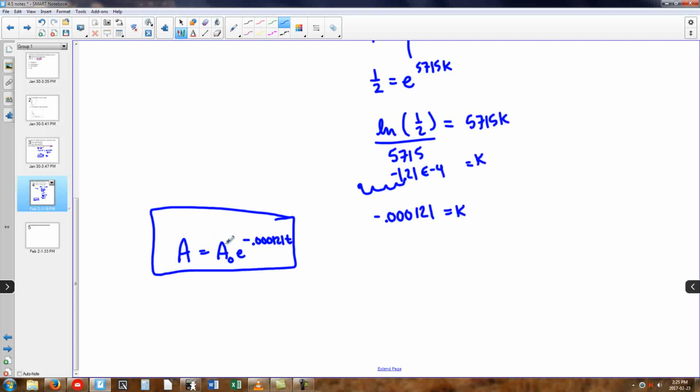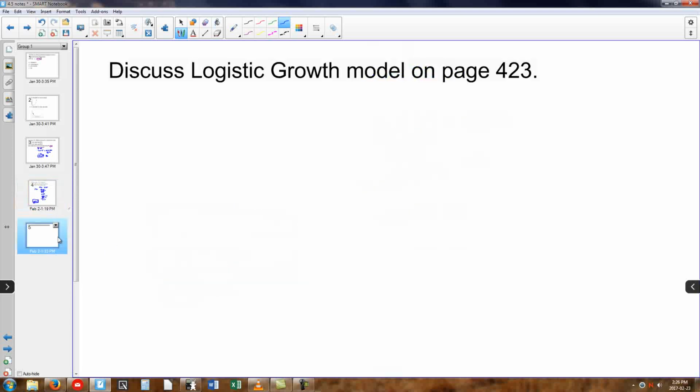What's really nice is if it was, say, 75%, I would do 0.75 of A naught, and the A naught will always cancel. As soon as I know what percentage I want left, I can use that decimal for the percentage, set it equal to e to the exponent, and it works really well with the natural log pretty easily there.